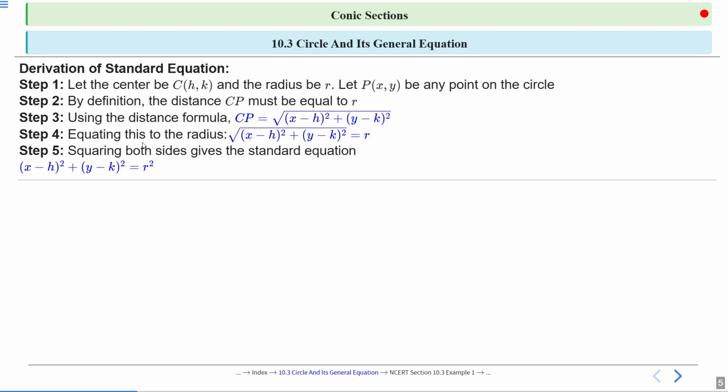Then we equate this to the radius r, and after squaring we obtained the standard form of the equation of the circle, that is (x − h)² + (y − k)² = r². Here you can see h, k is the center of the circle, and r is called the radius of the circle. Clear?